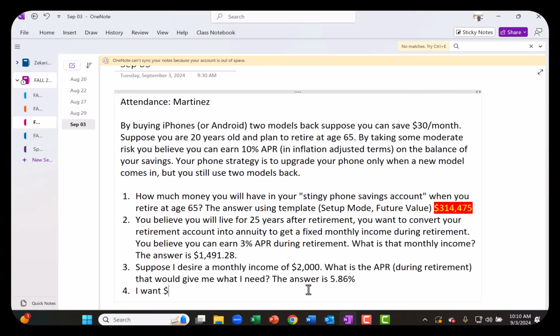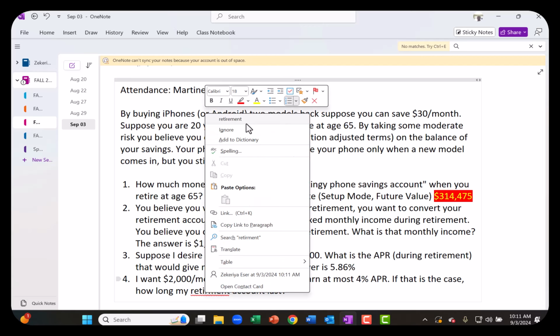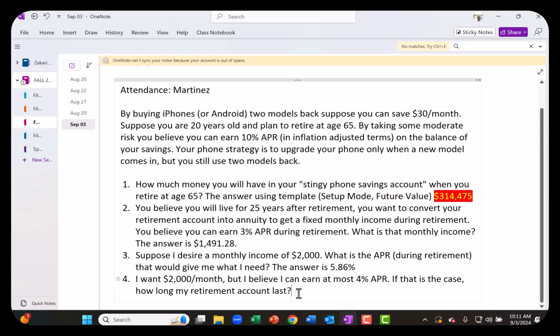I want $2,000 a month, but I believe I can earn at most 4%.